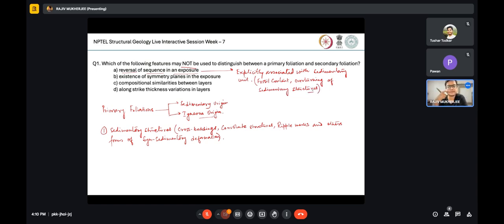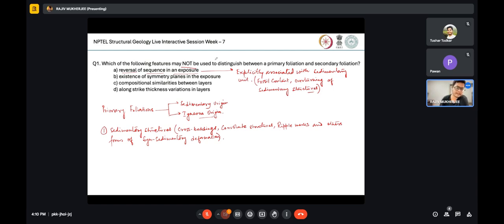So just to go for the first option, we have to deal with these other criteria as well. So in that sense, we will definitely be identifying this sedimentary unit, right? So in that case, we may not be using the criteria to identify whether the sequence is reversed or not, right?